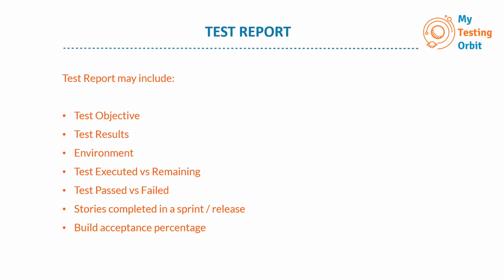It might be that the build was given to us 2-3 times, and upon smoke testing we found it's not working, and we had to reject it and it went back to developers, and this definitely will impact the time frame for testing. So that's why the build acceptance percentage is also one of the key metrics.